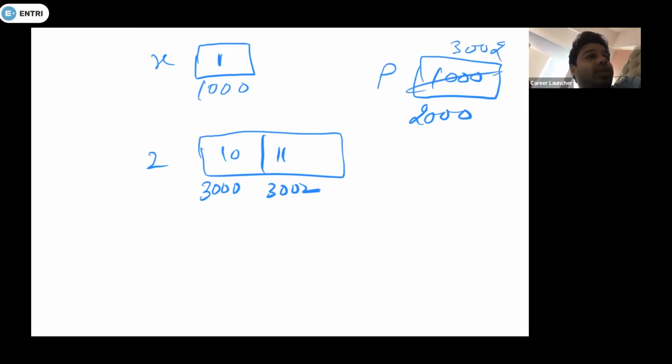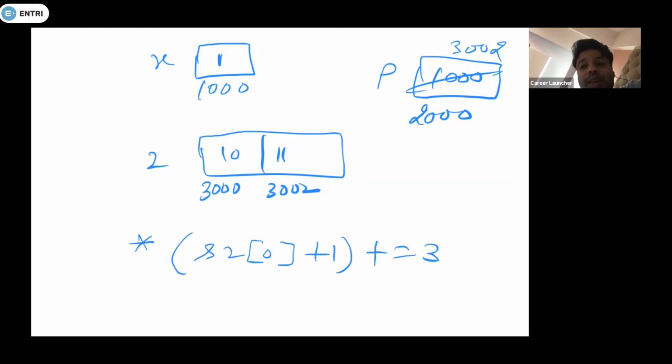Now what is the meaning of this? Star of address of z0 plus 1, plus equals 3. What is the address of z0 here? It is 3000. Plus 1 address, plus 3.